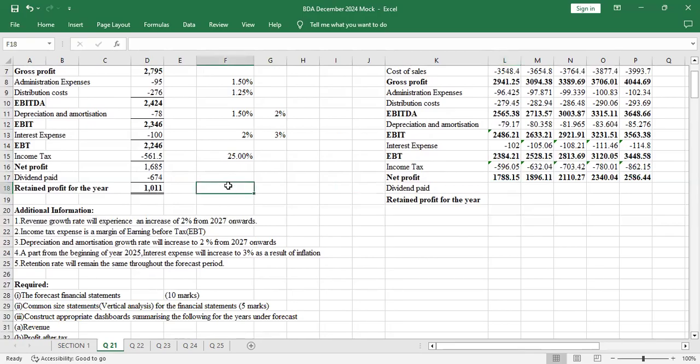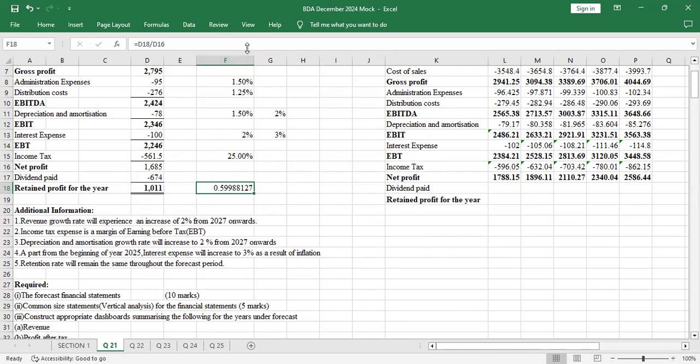So it means that we'll take the retained profit for the year, we divide by the net profit so that we know the percentage of retained earnings. So that the difference is what will give us the dividend. So the retained profit will be 0.599.